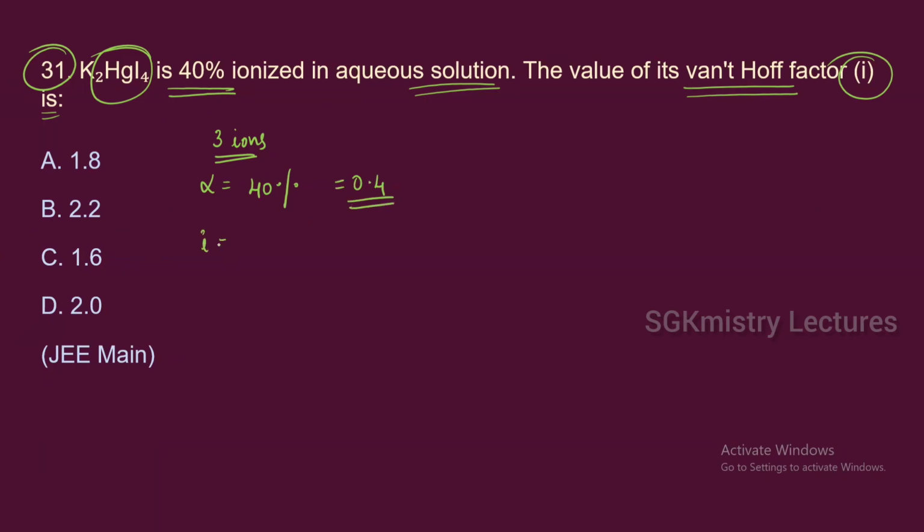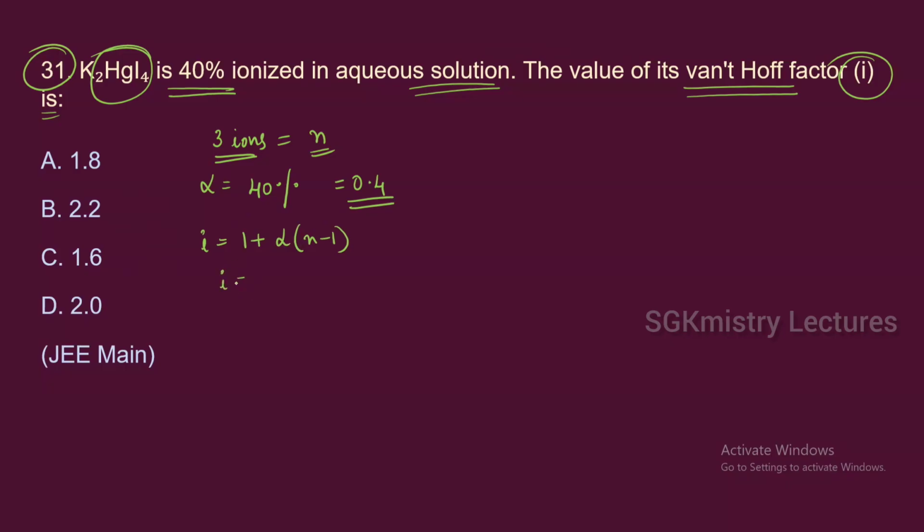So we have i is equal to 1 plus alpha into n minus 1. Now here n is 3 because there are 3 particles per molecule of this particular compound: 2 K plus ions and the anion that is present. So we have this equation to use whenever the compound is undergoing dissociation and the number of particles in the solution is more than expected.